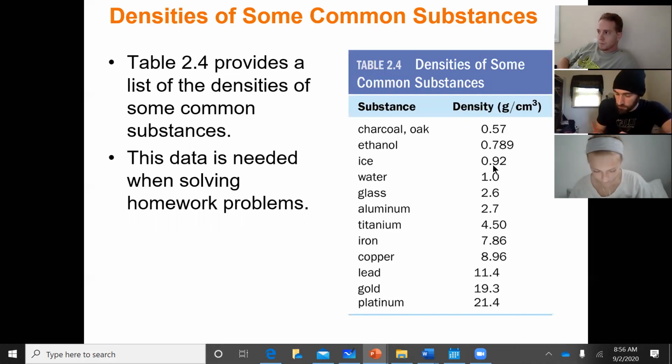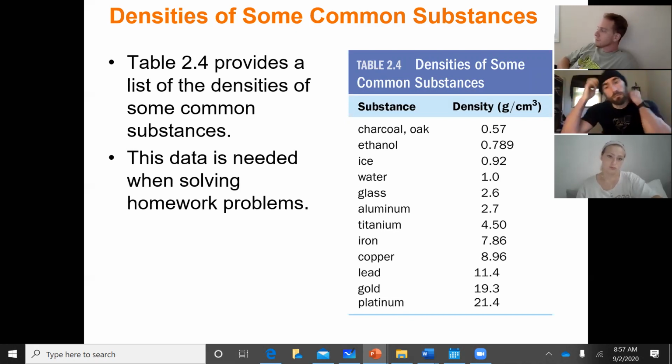Ice has a density of 0.92. Water is one of the few substances out there where its solid is less dense than its liquid. Usually solid things become more dense than their liquid versions, but water, when it's in liquid form, the molecules are actually able to compact more than when they're aligned in their solid form.